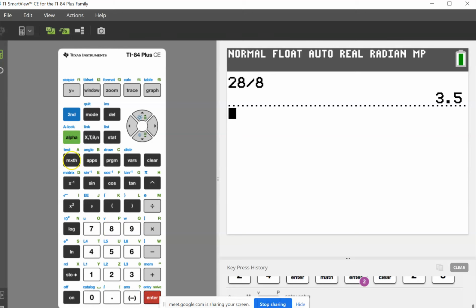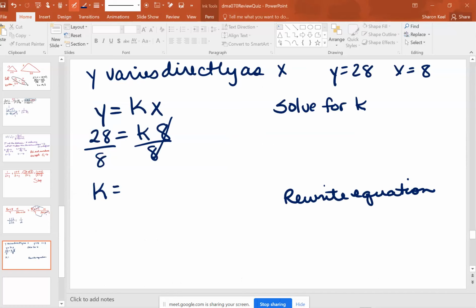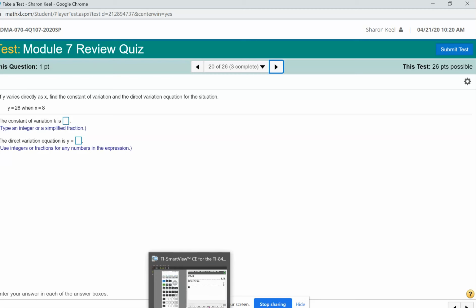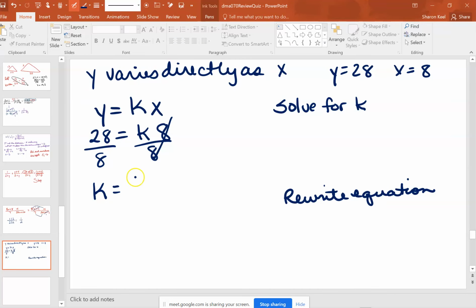We have 3.5, or we could do math, enter, either way, 7/2. Here, it does say simplified fraction, so we don't want to use the decimal, we want to use the 7/2. So that means the answer for k would be 7/2.